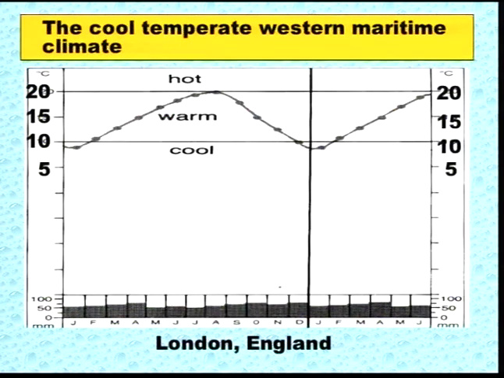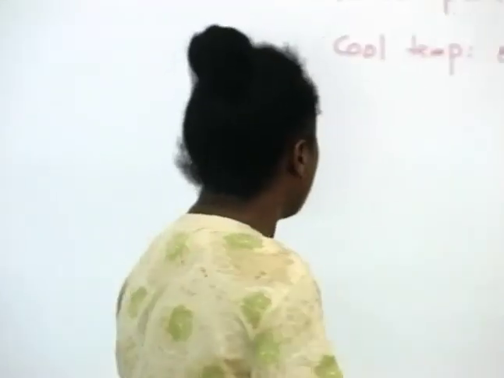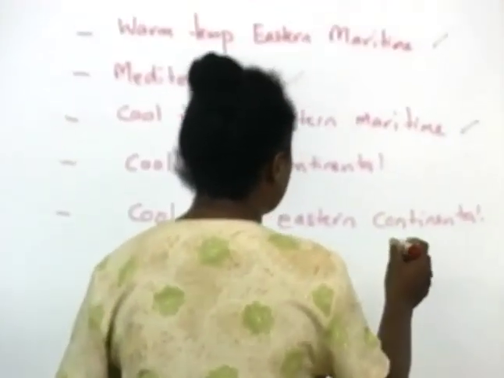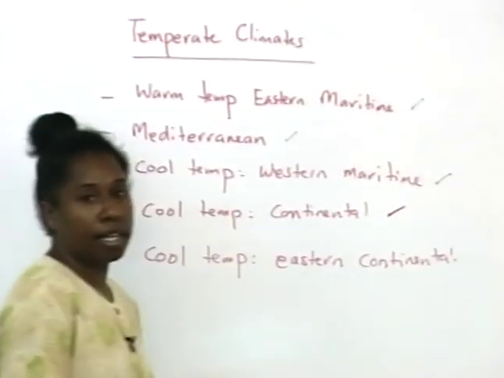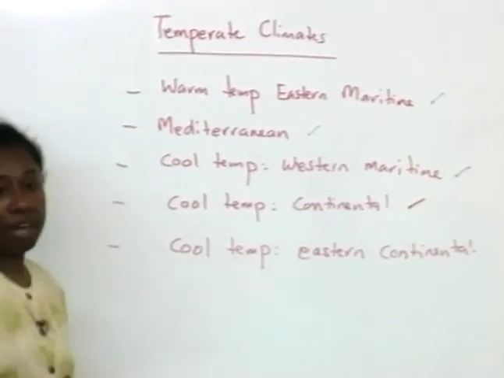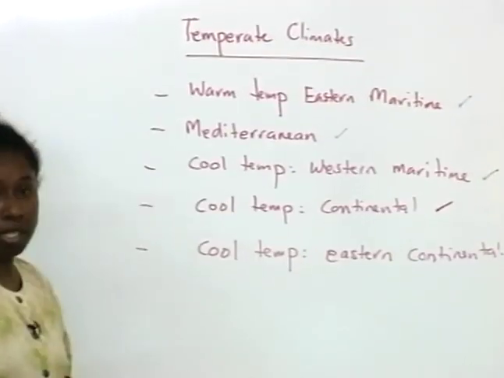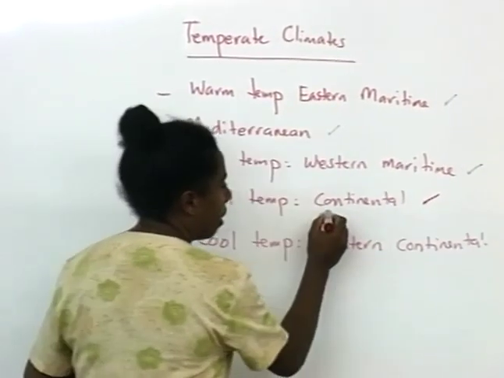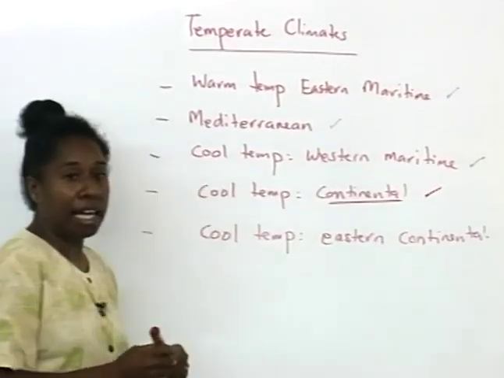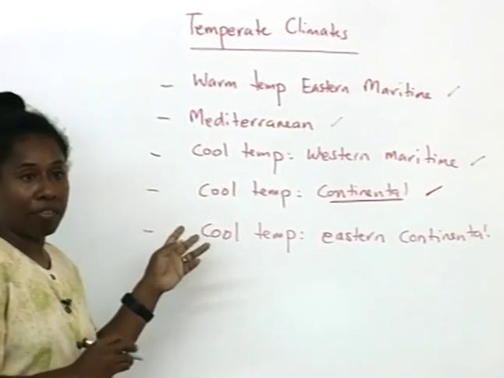Okay, we'll move on. This time, we are going to look at the cool temperate continental climate, and that is the fourth type of climate to do with the temperate climates. The word continental perhaps will give you an idea on the location of this type of climate.